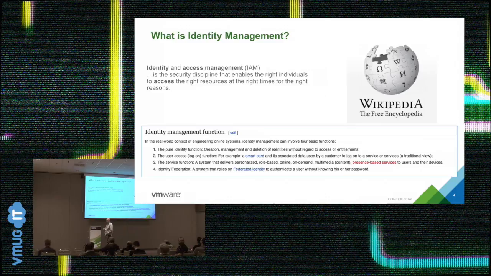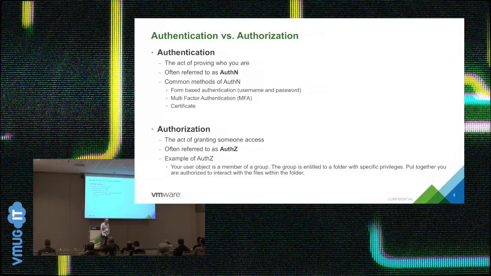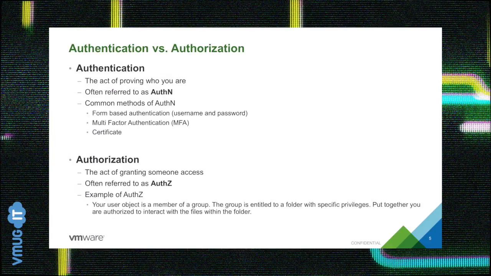It's the notion of providing correct access to the correct user. I provide proof of who I am, and then I get access to the resources that I should have. So that is basically the general idea of managing identity and access. First, very, very basic. There are two main differences when we talk about access management.